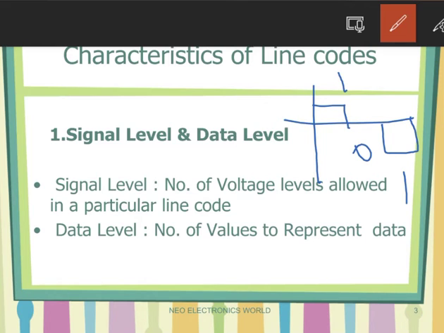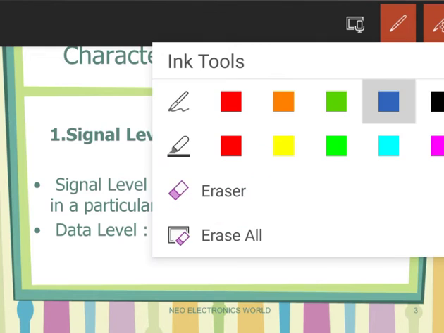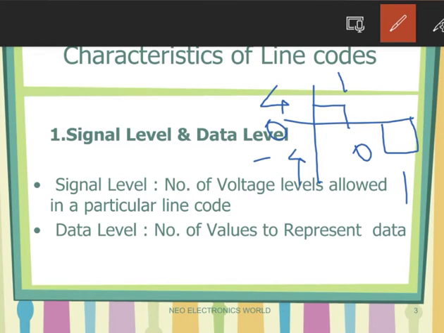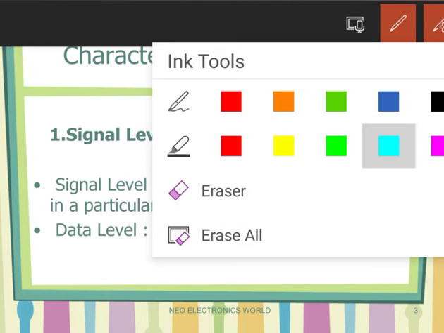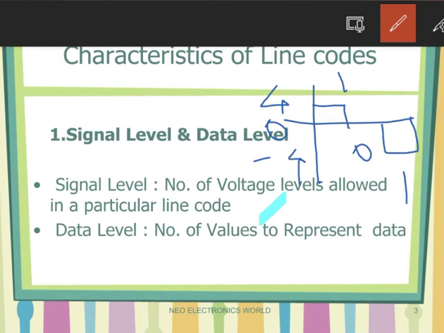Let it be 4 volts, this is minus 4 volts, and in between there is 0. For indicating 1 we use 4 volts, and for 1 again we use negative 4 volts. So in this case the number of signal levels, the number of voltage levels we require, is 3, and the data levels used here are again 2.